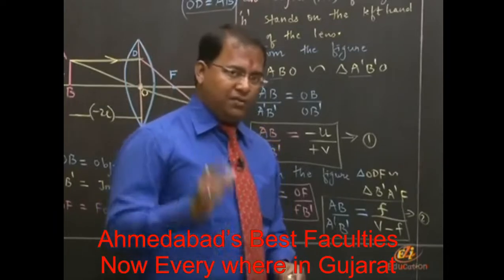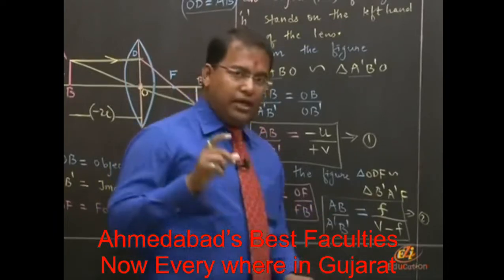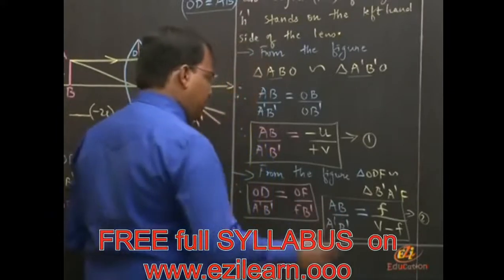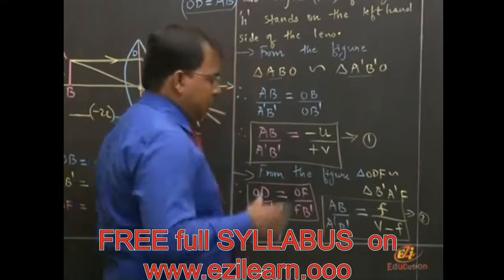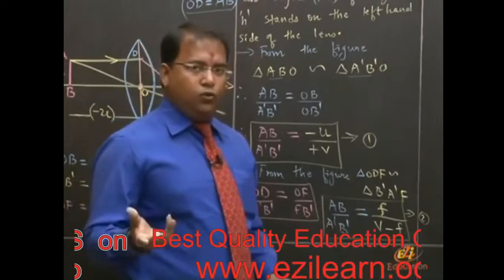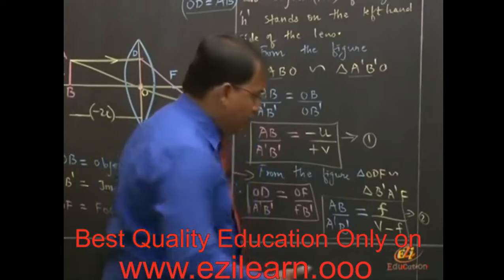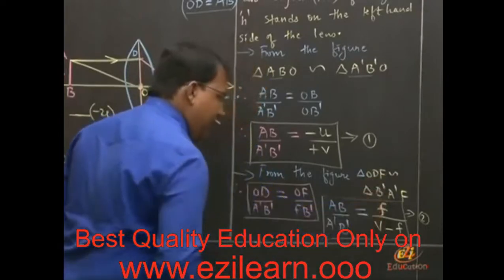If you don't have a clear concept, at least try to learn the names of the similar triangles. If you learn them, you end up getting full marks, because then you are less exposed to mistakes.